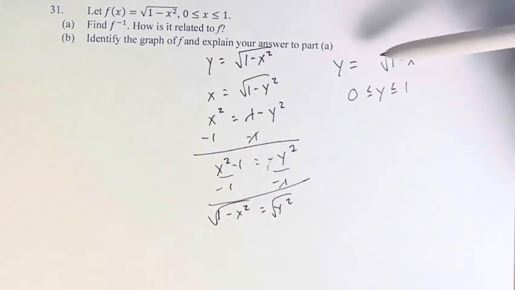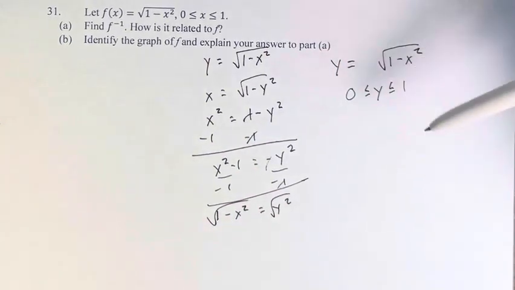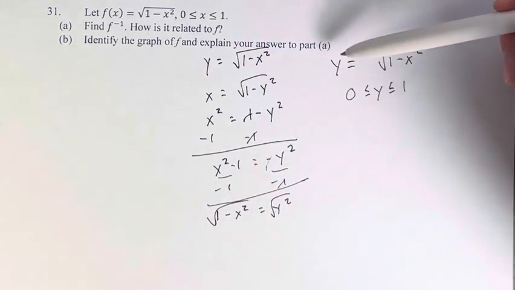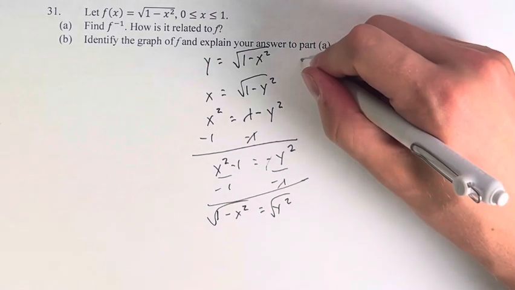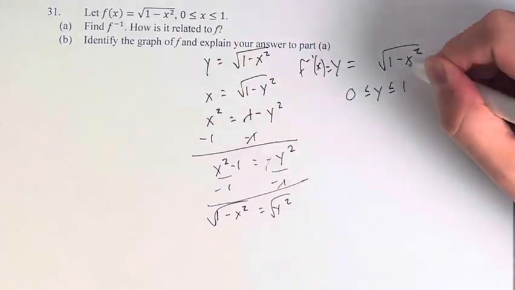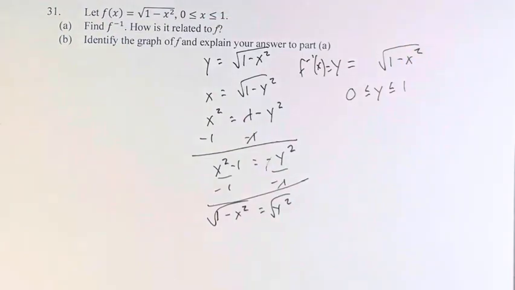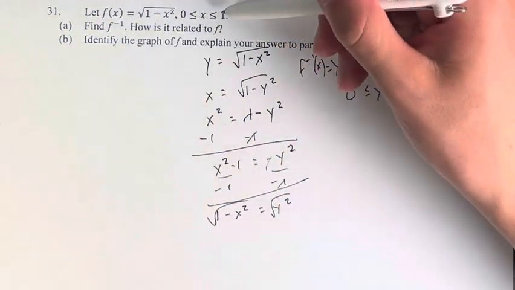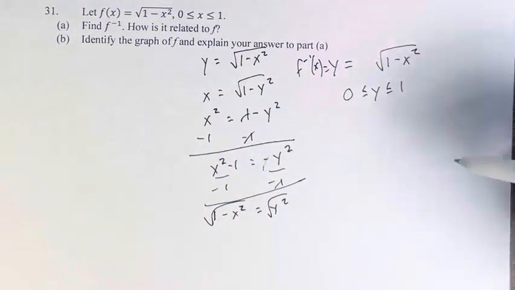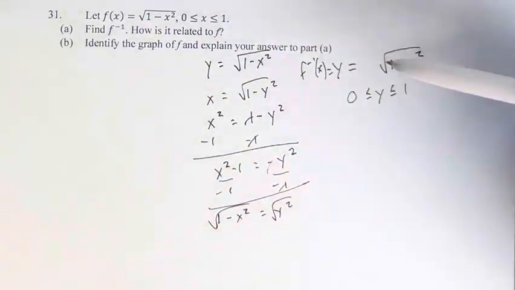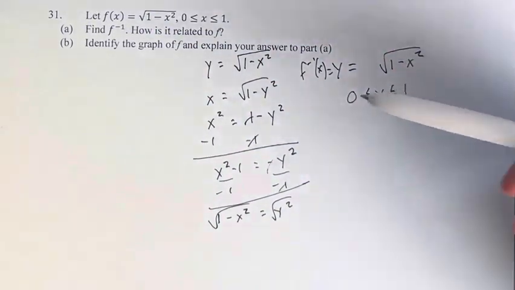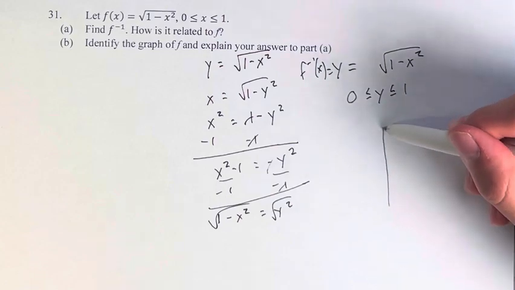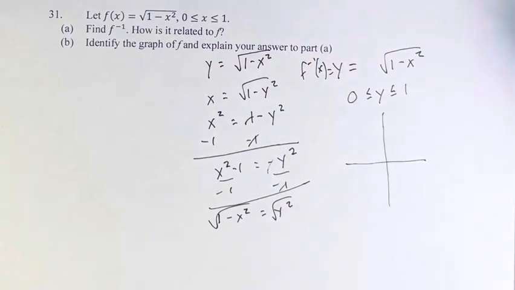And so here we can see that this is the same function. It's the same function in the sense that it's equal to the square root of 1 minus x squared, but also that this domain and this range produce the same function, because this is the graph of a circle, right?